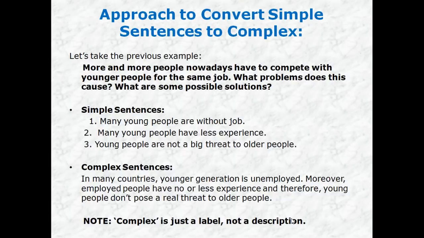Whenever I explain the term correct approach, this is really a very big term in itself, and one has to be very careful when using these approaches in writing tasks. One more thing, complex is just a symbol, a label, not a description. Hope this will be helpful to you.